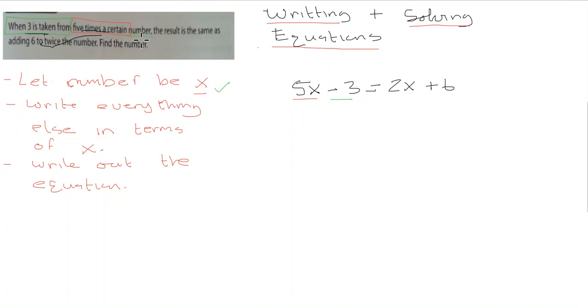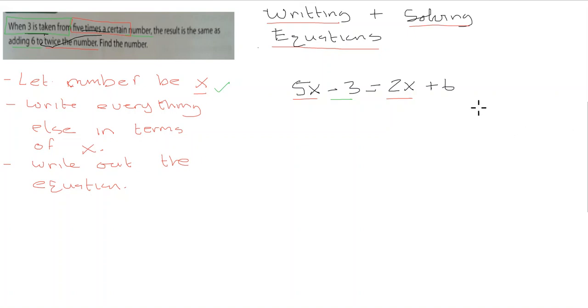The result is the same as adding 6 to twice the number. Twice the number means 2 multiplied by the number, and then you're adding 6.